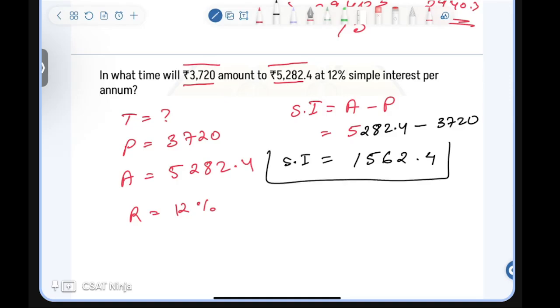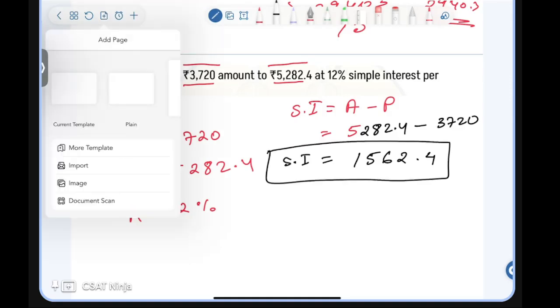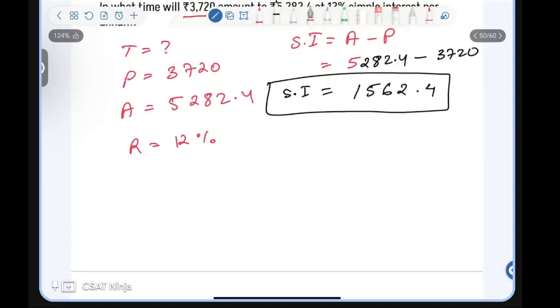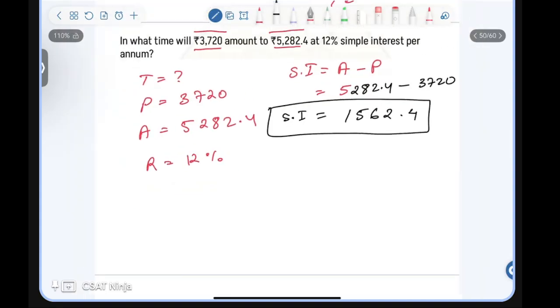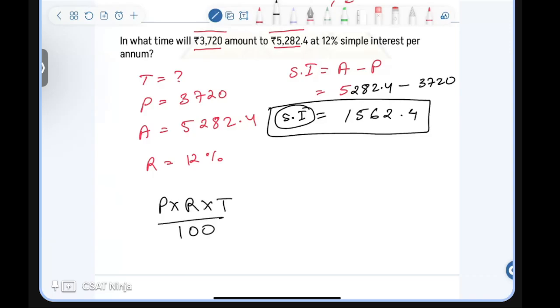This is simple interest, okay? Now, in place of this simple interest, I'll just write the formula: principal into rate into time divided by 100 is equal to simple interest, which is 1562.4. Now, what is principal?